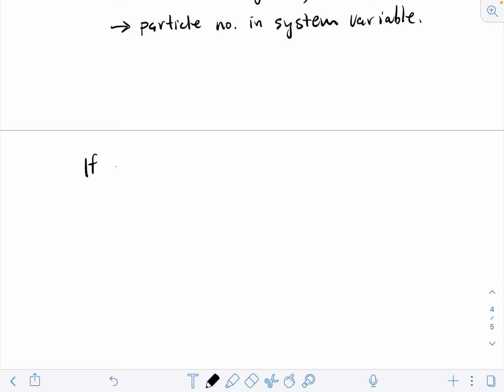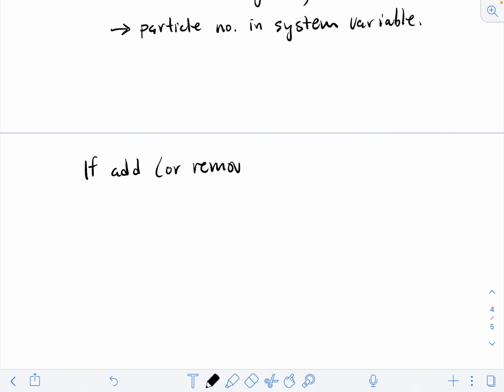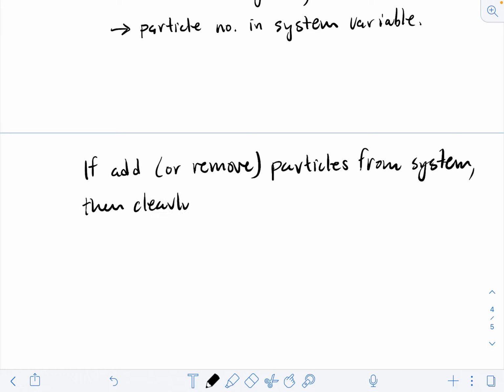So if we add or remove particles from the system, then we would clearly expect the internal energy of our system to change.